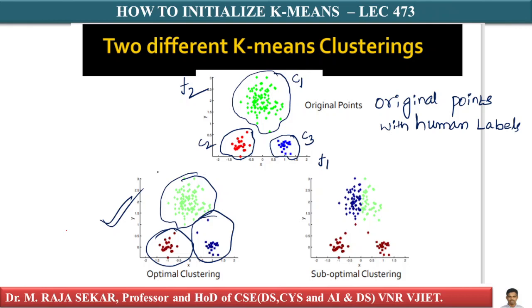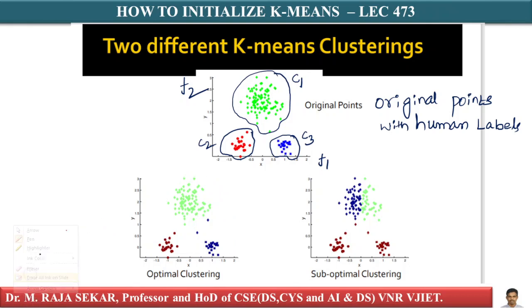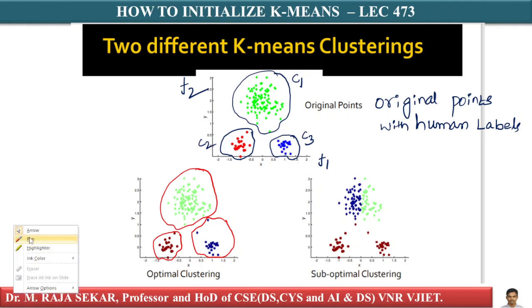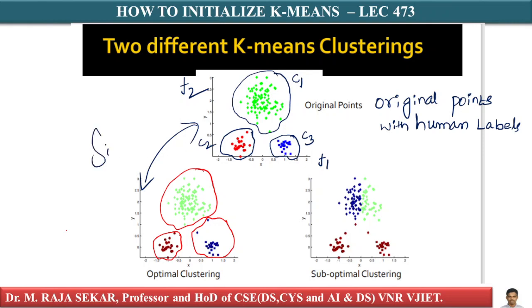If you observe this one, yes, this is very similar to my original data. If I compare them, this clustering is similar to my original data. All the green points are clustered, all the blue points are clustered, and my brown points are clustered, isn't it?